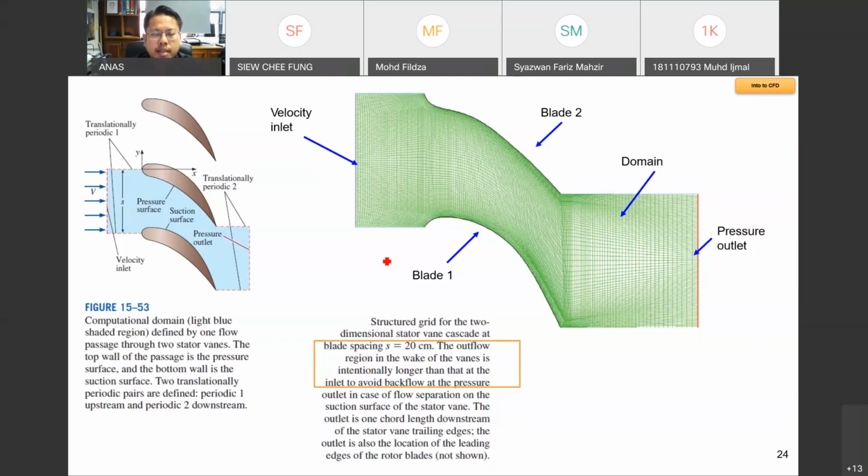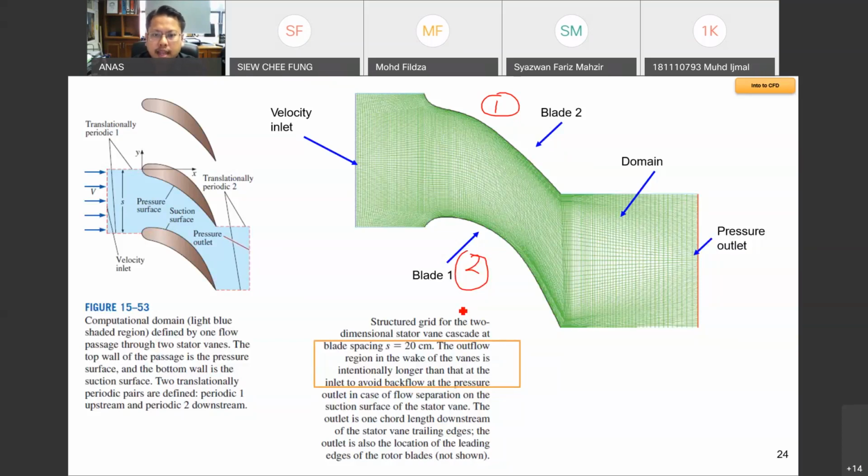In this example, instead of looking at the design as a whole, they just focus the domain between blade 1 and blade 2, just between two blades. So in CFD, for example, in lab 1, you look at how your simulation can be simplified just by using symmetry boundary condition.